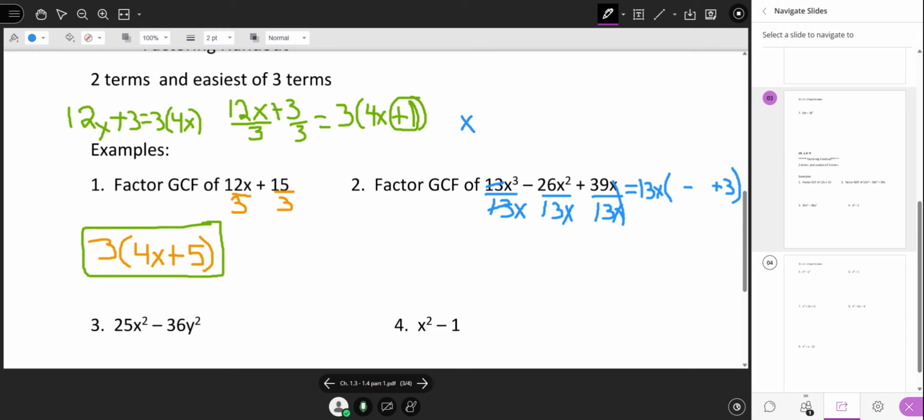Then x cubed, 1, 2, 3, divided by x, leaves an x squared. And then 26 divided by 13 leaves 2. x squared divided by x leaves x. So 13x parentheses x squared minus 2x plus 3.